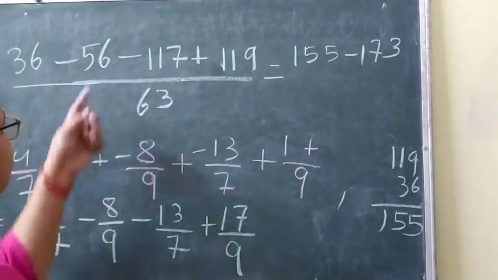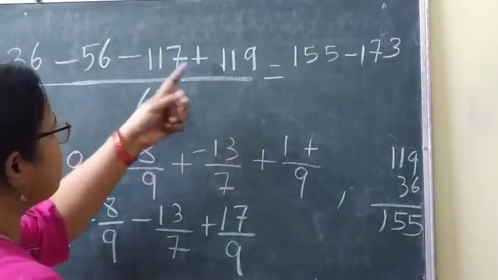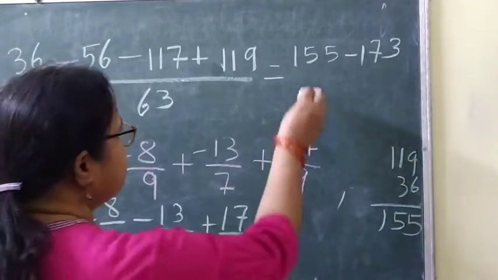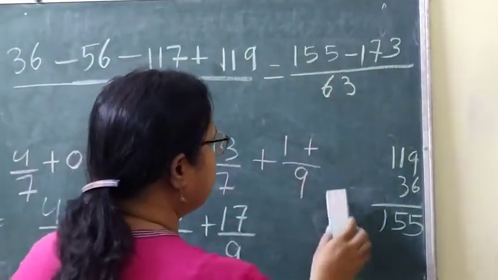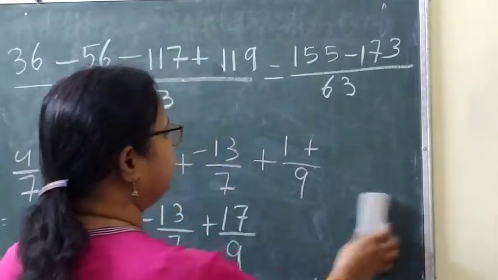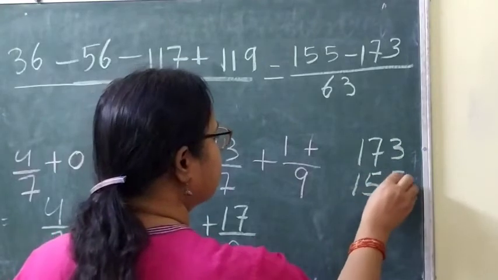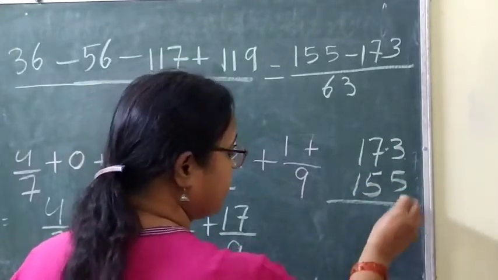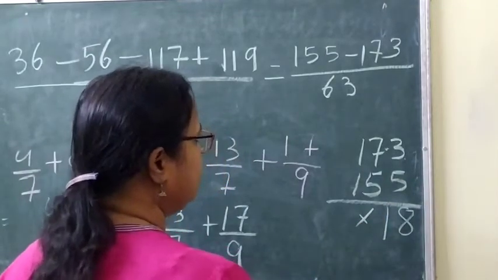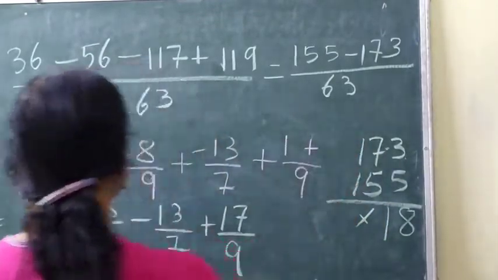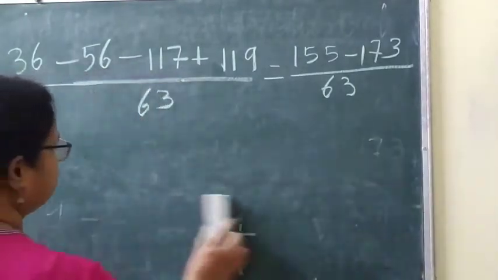Once again check, 6 and 3, 13, 3, 5, 6, 1, 7 and 1, and this is divided by 63. So when you subtract, what will you get here? I am rubbing it here. You will get 18.